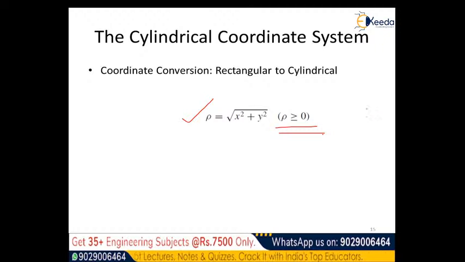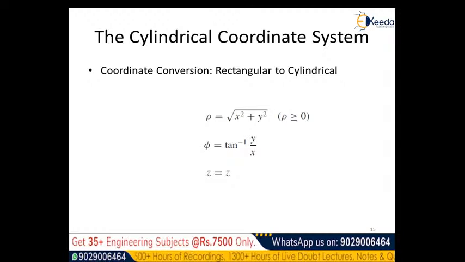When rho is equal to 0, it won't be a cylindrical surface like this. It will be simply a line here. Now the next conversion we had with the help of the formula by taking the ratio of sine and the cos. Here it is phi is equal to tan inverse of y by x, and finally z is the same here.